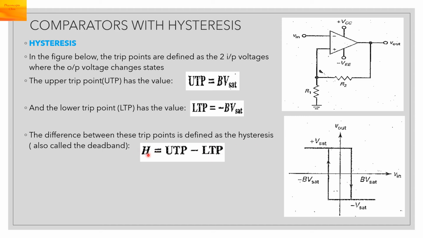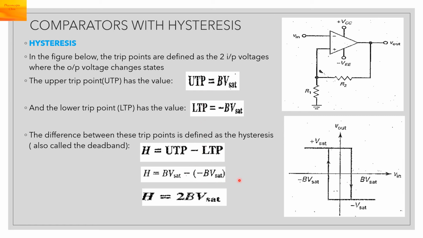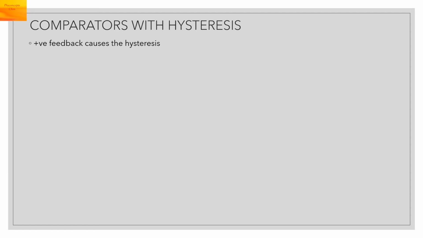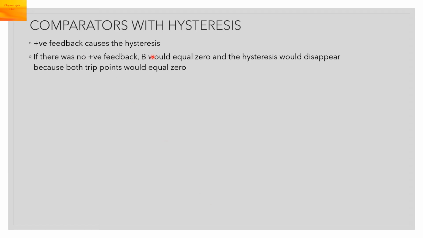So we can write hysteresis H is equal to UTP minus LTP. We can substitute these values of UTP and LTP and we get H is equal to 2 BVsat. So the positive feedback causes the hysteresis. If there was no positive feedback, B would be equal to 0 and the hysteresis would disappear because both the trip points would be equal to 0.